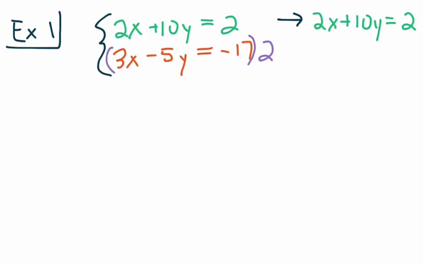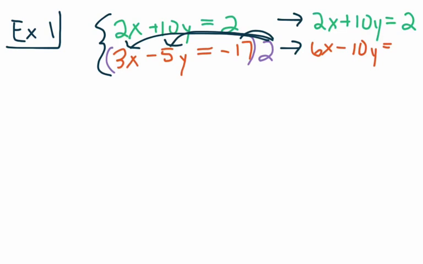So when we do that, I'm going to put another arrow over here. So we have 2 times 3x gives us 6x. Bring over our minus sign. And then 2 times 5y gives me 10y. Bring over our equal sign.